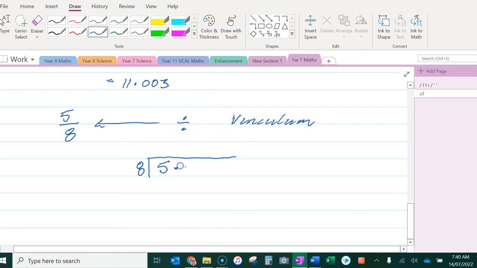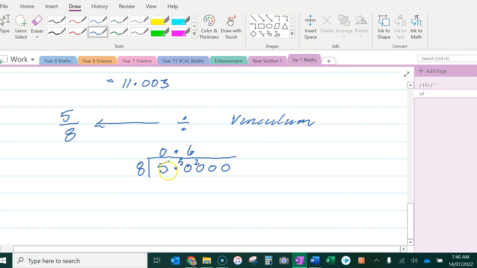So what we do is put our decimal point there, keep it in the same spot, and add zeros, as many as we need until there's no remainders or it recurs. So we see that 8 won't go into 5, so it's 0, and it's 5 over. It becomes 50, so 8 goes into 50 6 times. We know our tables: 6 8s are 48, and 2 over.